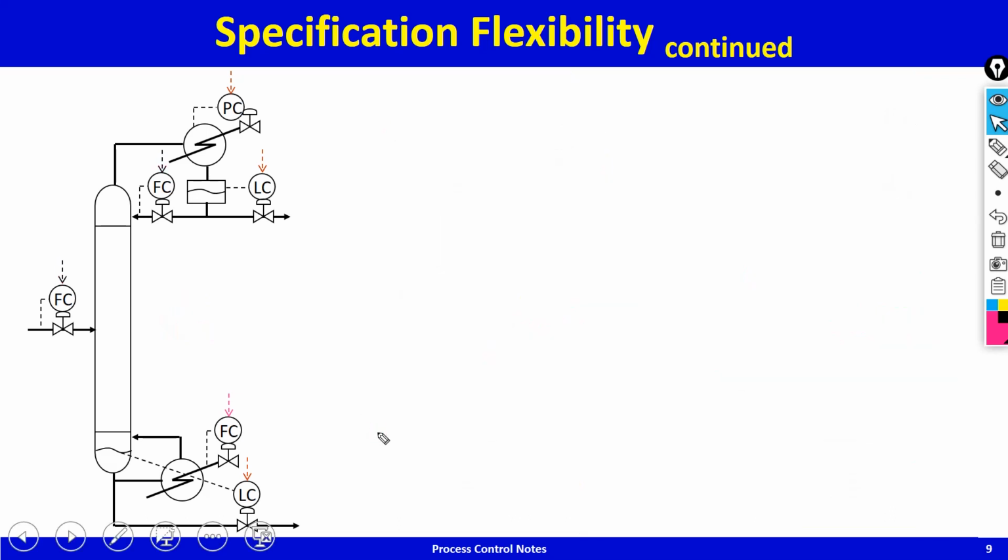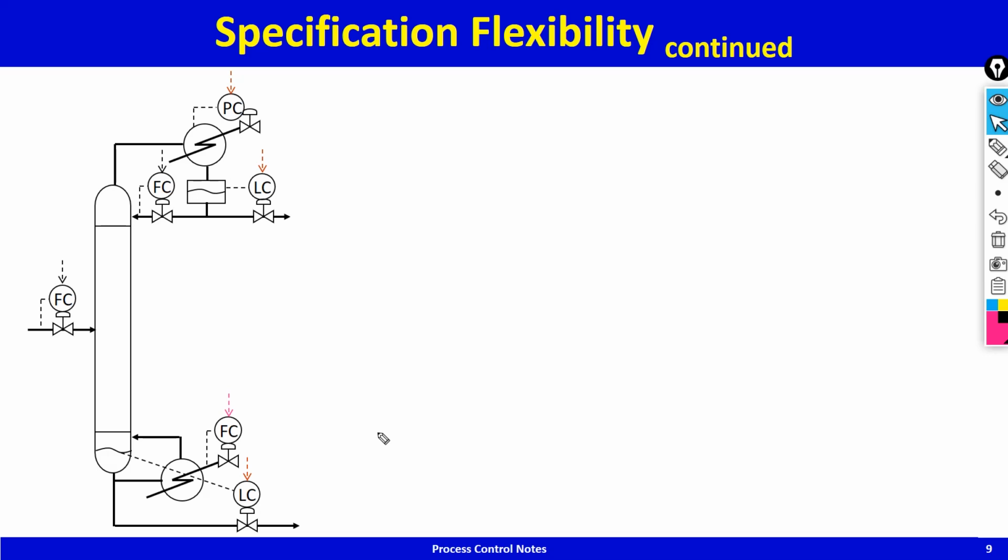Continuing, now in this case, instead of specifying the feed to fix the production rate or the processing rate of the process, we're going to specify the reboiler steam. It is the reboiler steam that will fix the production.